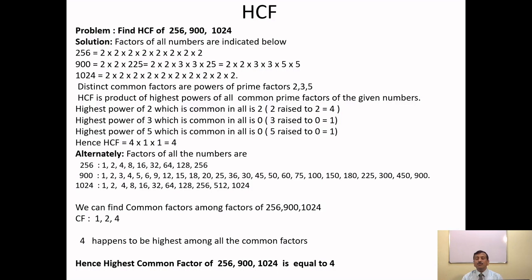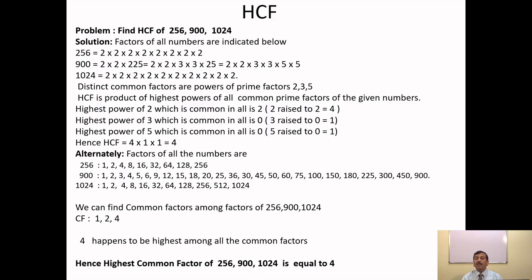The power of 3 which is common in all: if you look at it, there is no factor 3 in 256, so practically it is 3 to the power 0. In 900, there is a factor 3 to the power 2. In 1024, there is no factor 3, so 3 to the power 0. So 3 to the power 0, 3 to the power 2 and 3 to the power 0.